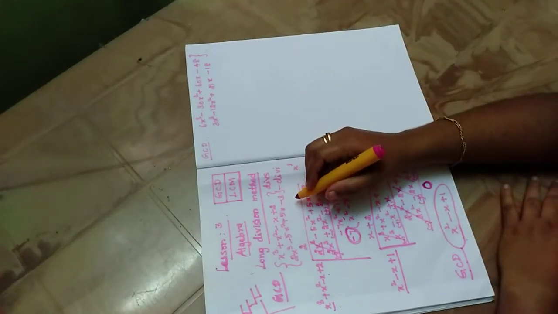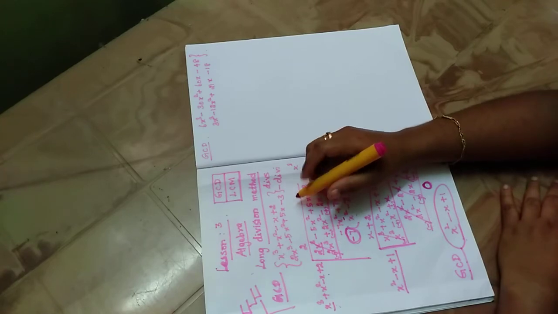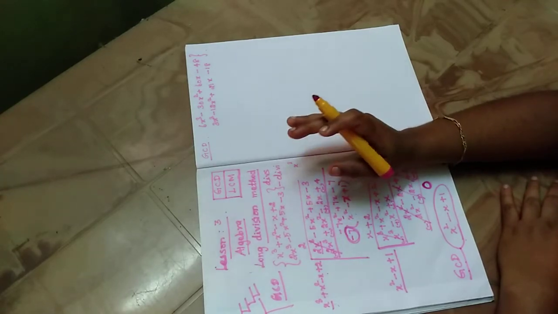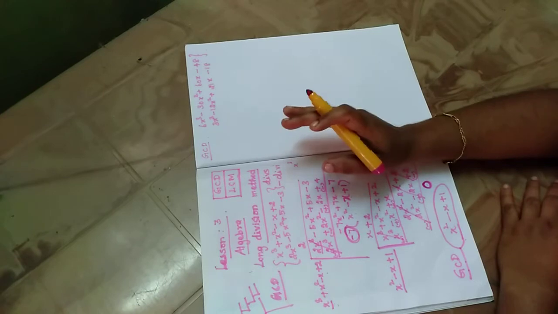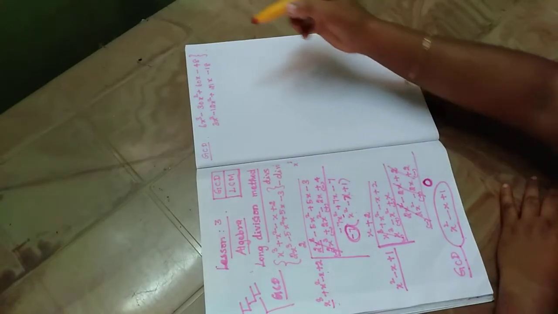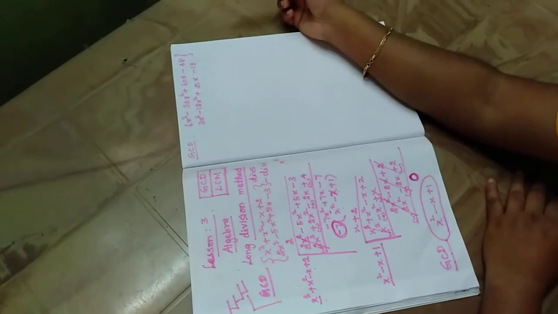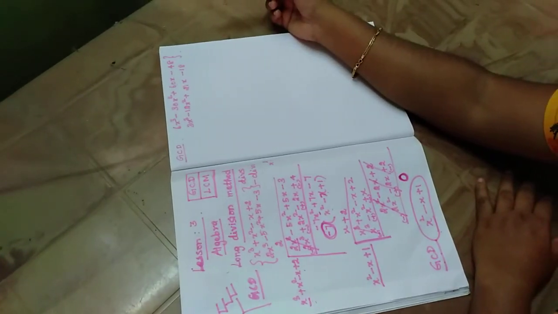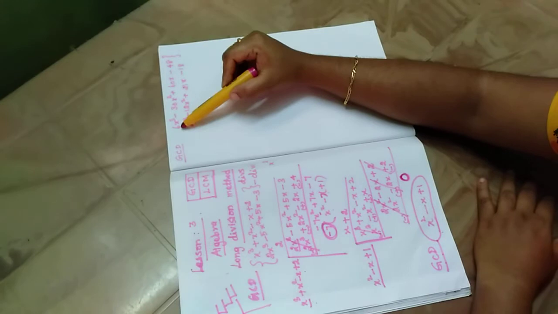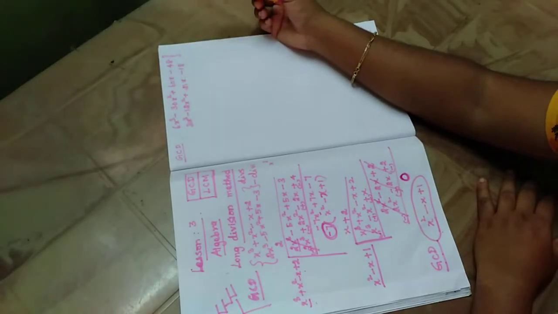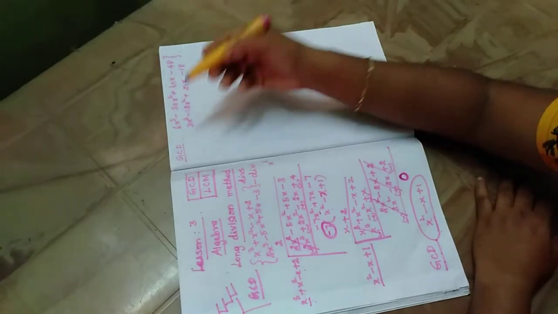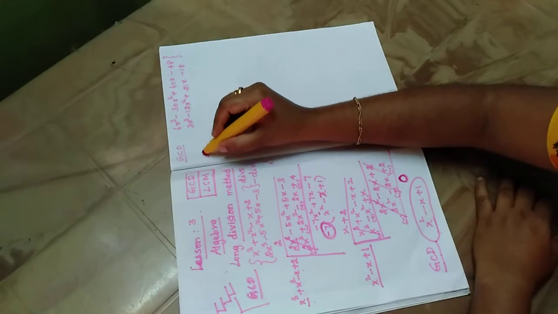As the first step, as I said, check whether in both polynomials you can take any common terms. Let's see here: 6, 30, 60 and 48. Is there anything common? Yes, everything is in the 6 table, isn't it? So take out the 6.